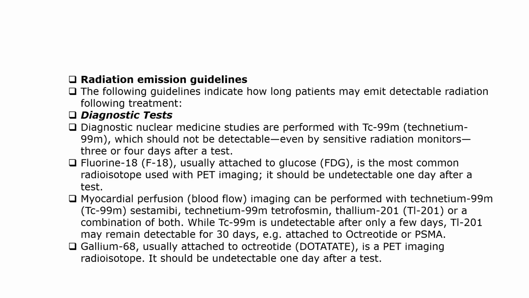About 1 day after a test is over, the fluorine is totally out of the system. A myocardial blood flow test can use either technetium-99 or thallium, and these may remain detectable for 30 days. Another PET test uses gallium-68, which again is gone after 1 day.